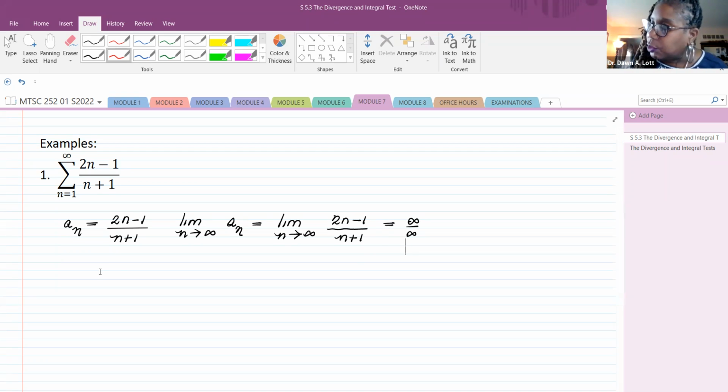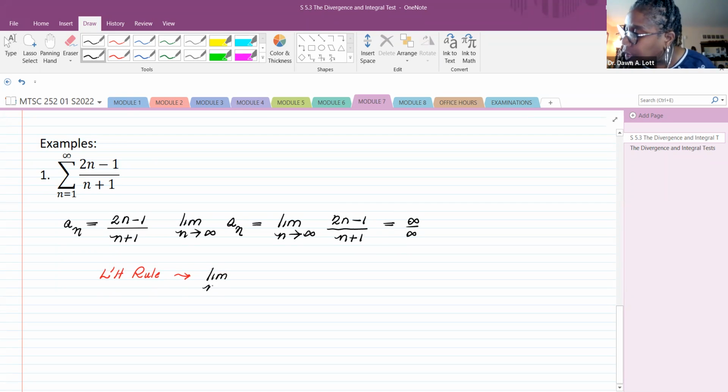Using L'Hopital's rule, the limit as n approaches infinity becomes the derivative of the top, which is 2, over the derivative of the bottom, which is 1. So this is equal to 2. 2 is clearly not equal to 0, so this series diverges.